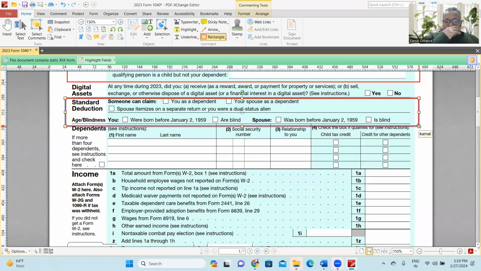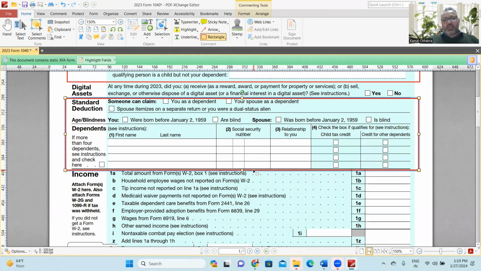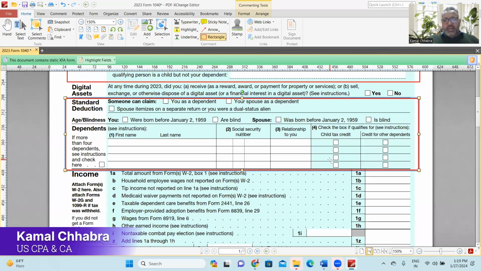And if you are taking care of any blind or elderly person, you need to provide the respective detail of that. In addition to that, you need to provide their respective first name, last name, social security number, and relationship as well, right? This is all information needed when you are claiming itemized deduction for dependents, for children, for family members, or for the spouse, right? So then you need to provide this information, right?